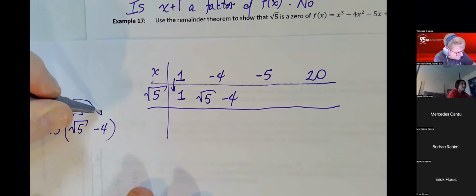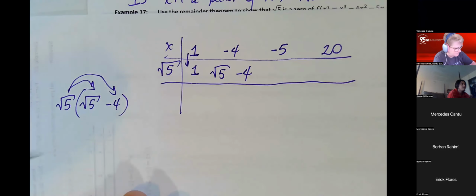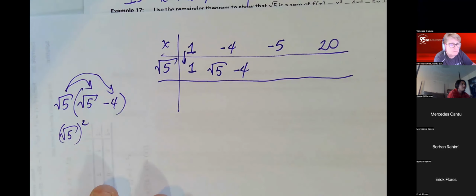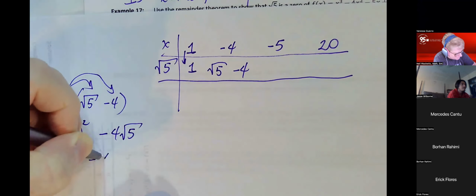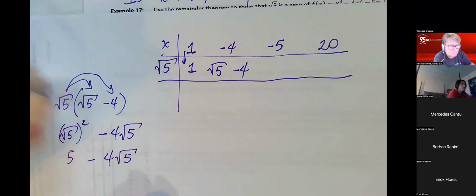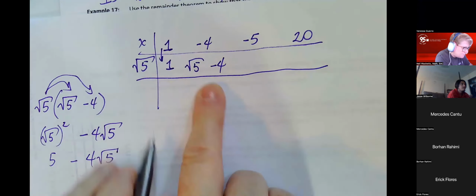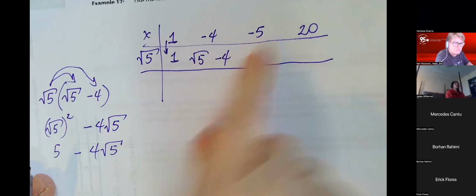Well, we have to distribute. What is the square root of 5 times the square root of 5? Just 5. Good. And then the other term is going to be 4 times the square root of 5. Okay, that's what we get when we multiply, and then we subtract 5 from this.